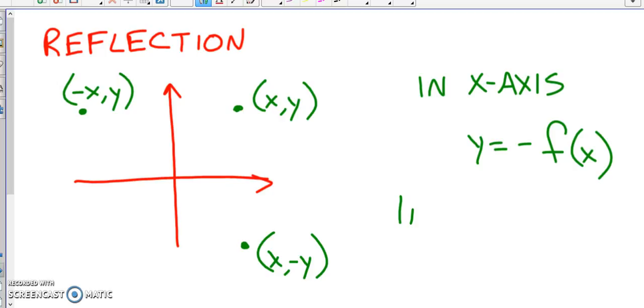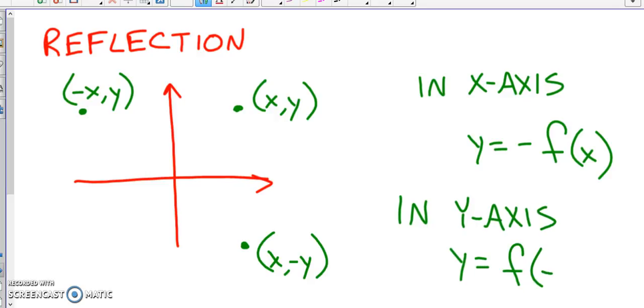So if I want to reflect in the y-axis, I'm going to get y equals f of negative x. So the negative goes on the inside for a y-axis reflection, whereas for an x-axis reflection, it's on the outside. If you think about it in terms of horizontal and vertical, a y-axis reflection is like a horizontal reflection. It's doing this. Got the tie flying around and everything.